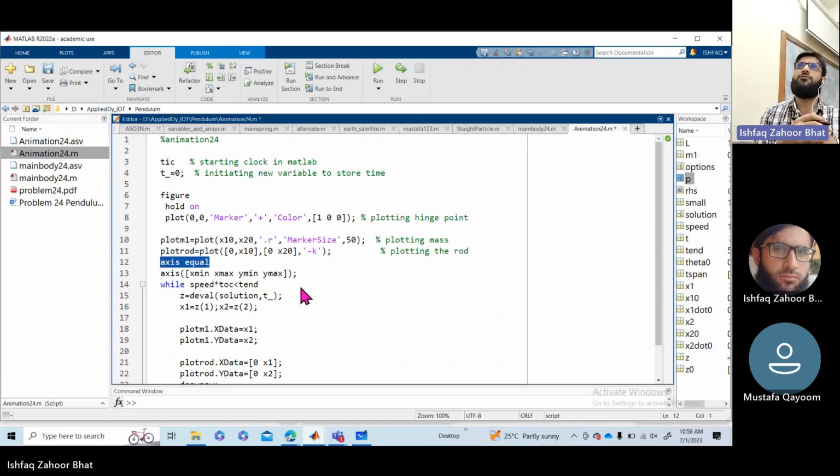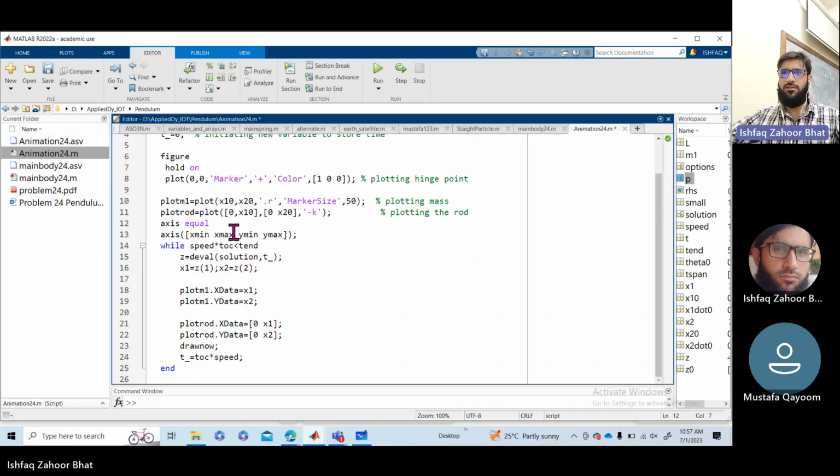Then the physical intuition is lost. For example, if the trajectory was circular, it will not appear circular because the x-axis has shrunk. So in order to avoid that, we use this axis equal command. And what are this x min, y min? I will show this, but at this point, let it be there.